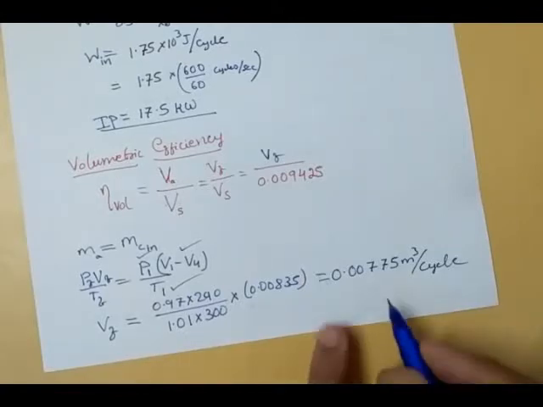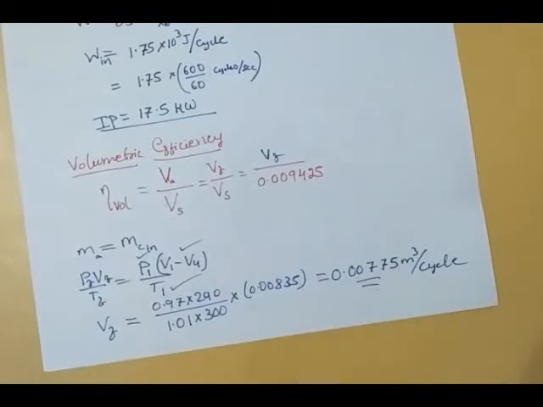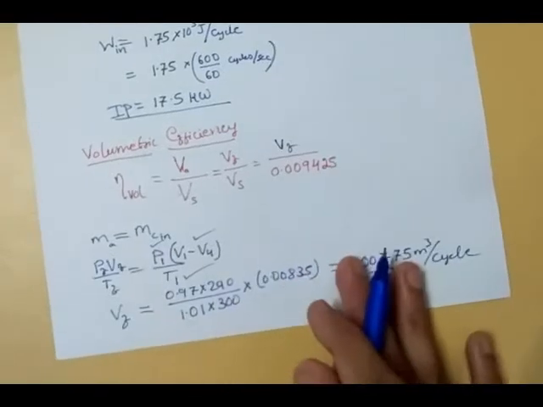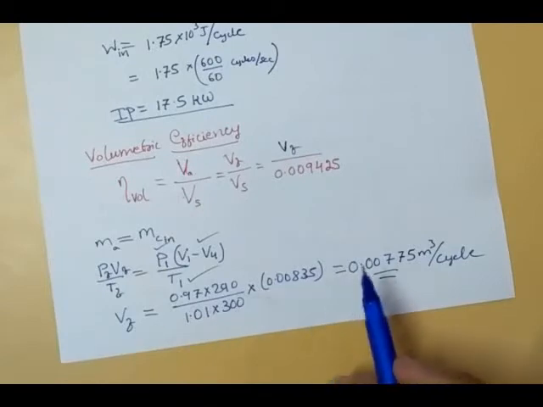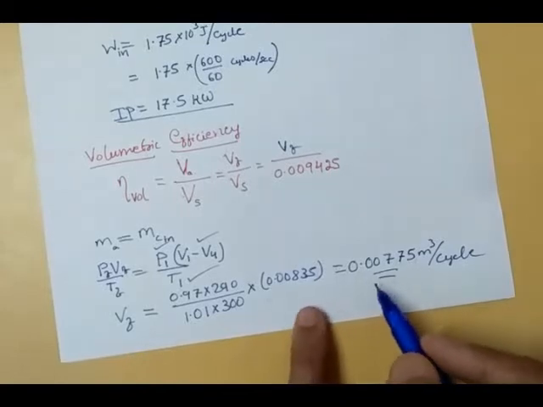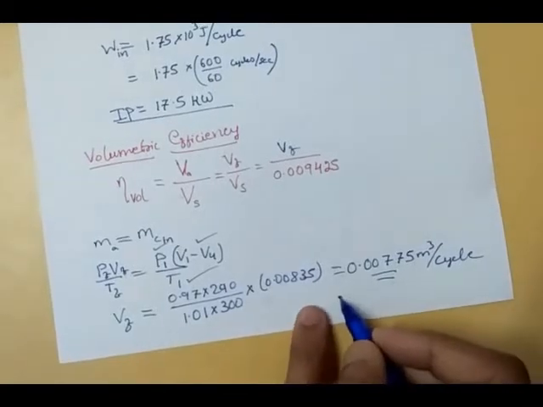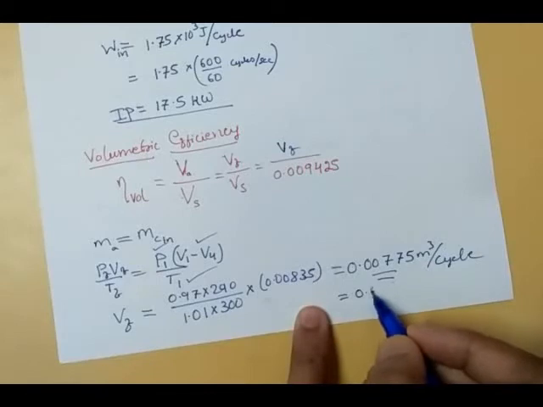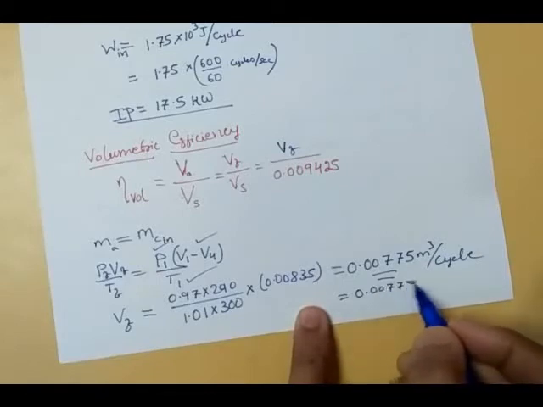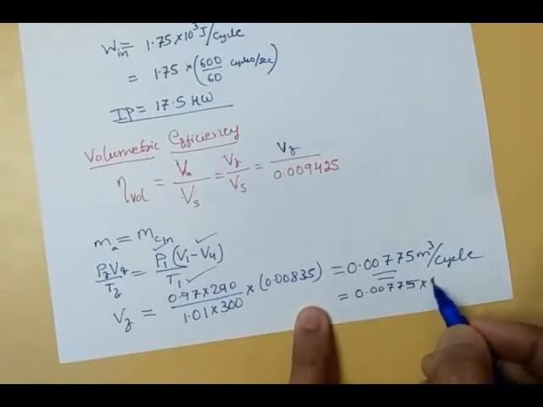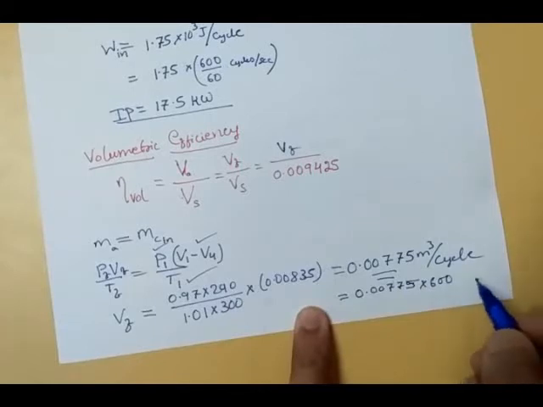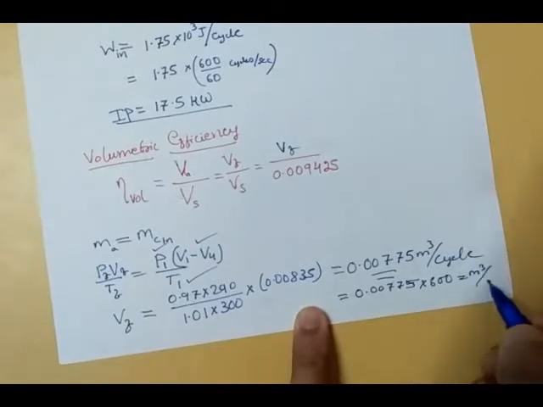The value we have here is free air per cycle, but we have 600 cycles running. That's why we multiply 0.00775 into 600. Then we get the volume in terms of meter cube per minute.